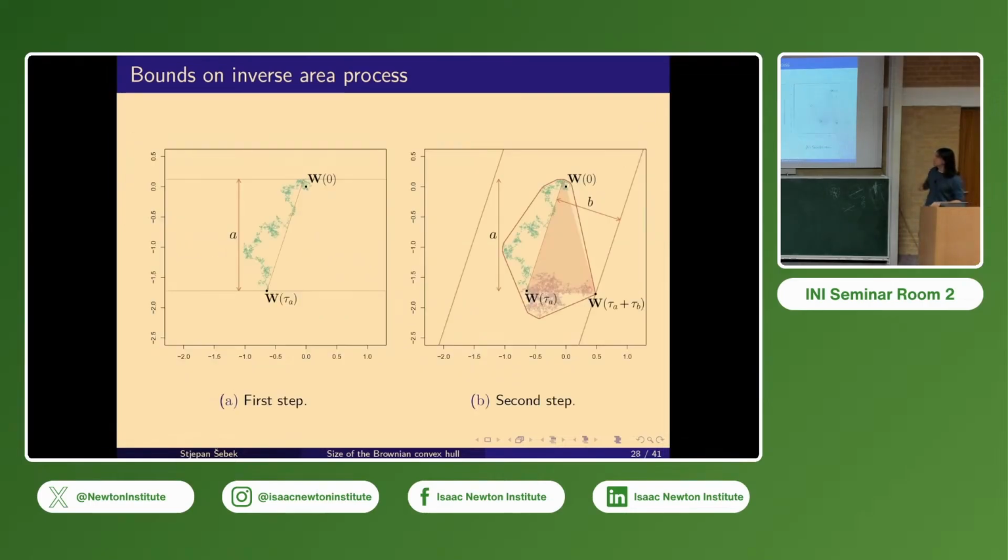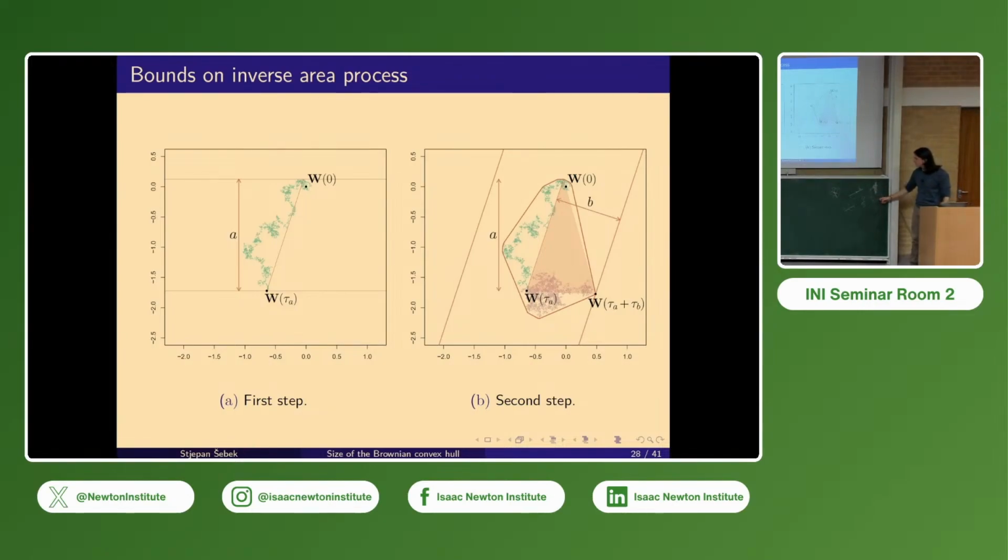Okay, so I have some pictures here. In the first step, we won't wait until we exit the ball. We will actually wait until at least one of our independent range processes, R1 and R2, hits a particular value.